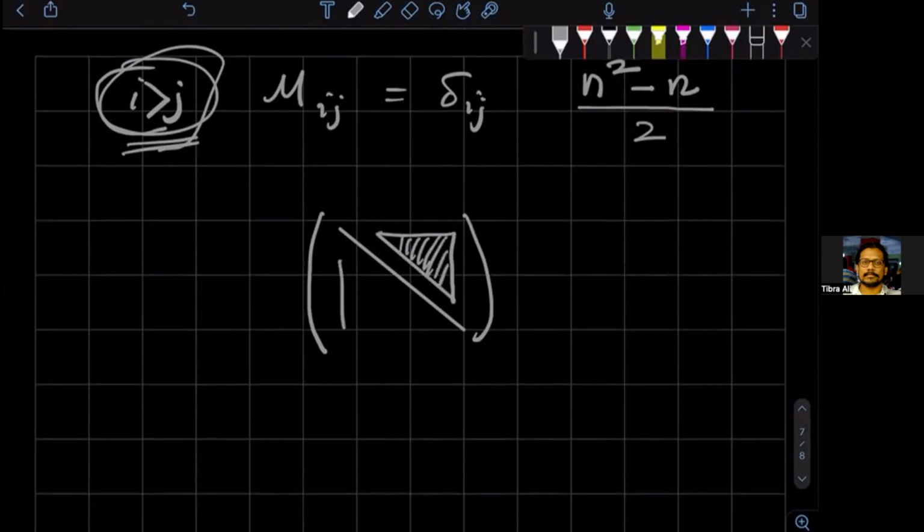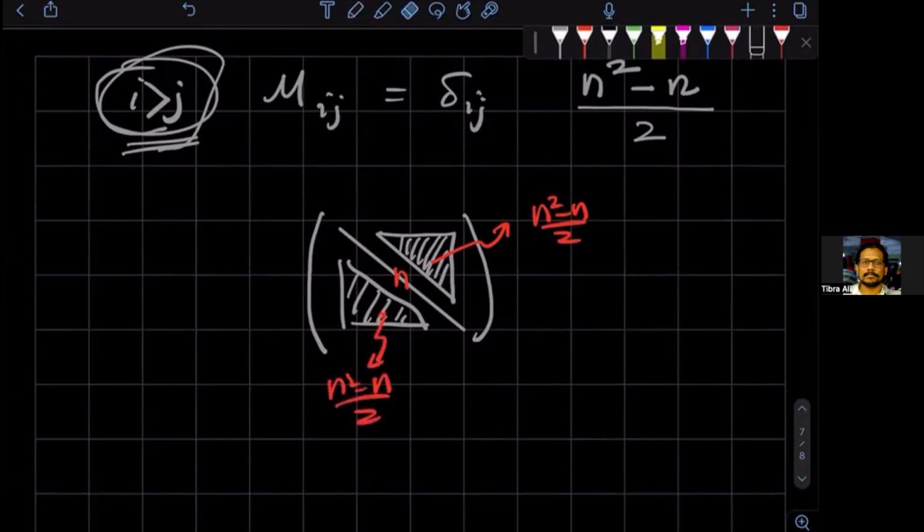But in total, there are n squared equations, but along the diagonal, there are n equations. So over here, there must be n squared minus n over 2, and over here there will be n squared minus n over 2, so that when you add everything up, you have n squared. But because of the symmetry, these equations over here are exactly the same equations as these. So we only have to count these. We don't have to count both.